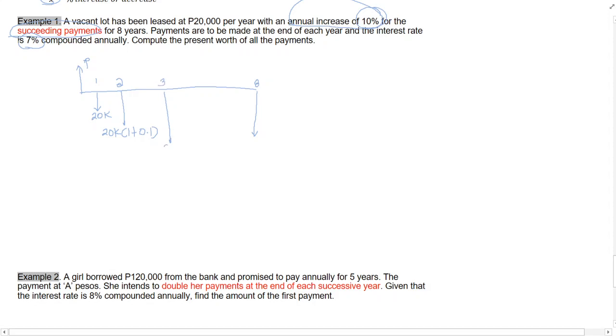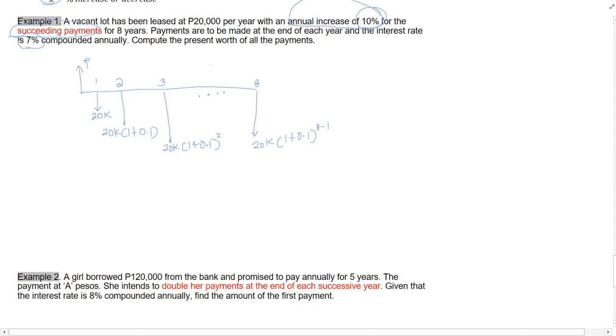For the third year, that is 20k multiplied by 1 plus 0.1 raised to 2, and so on until we reach the eighth year, that is 20,000 multiplied by 1 plus 0.1 raised to 8 minus 1.